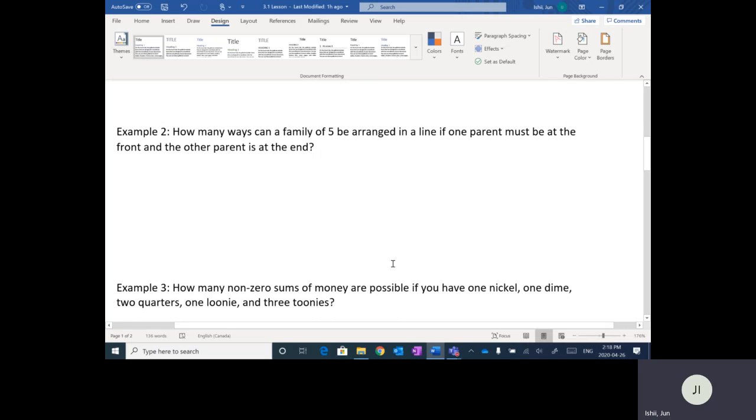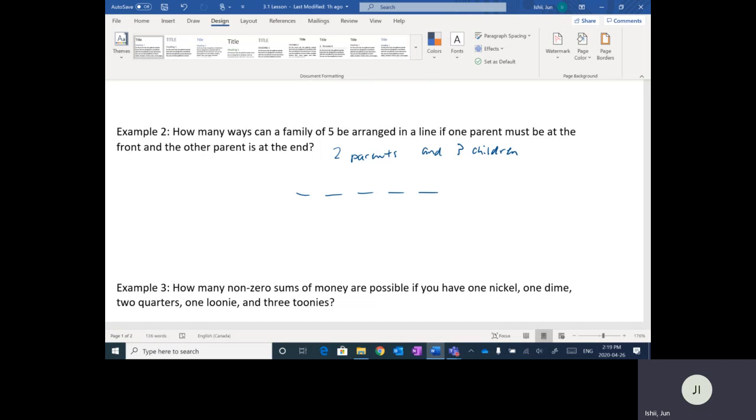How many ways can a family of 5 be arranged in a line if one parent must be at the front and the other parent is at the end? We have 2 parents and 3 children. They're in a line, so there's 5 of them, and we want to figure out how many ways we can arrange this family.